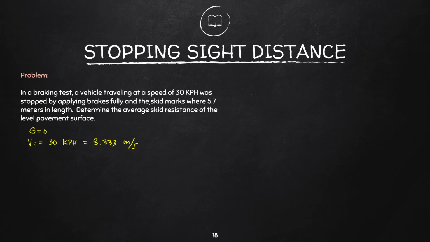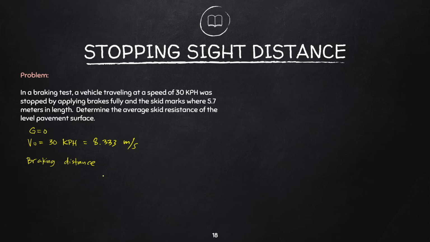So skid is also a synonym of friction. So we can say that 5.7 meters is equal to the braking distance.